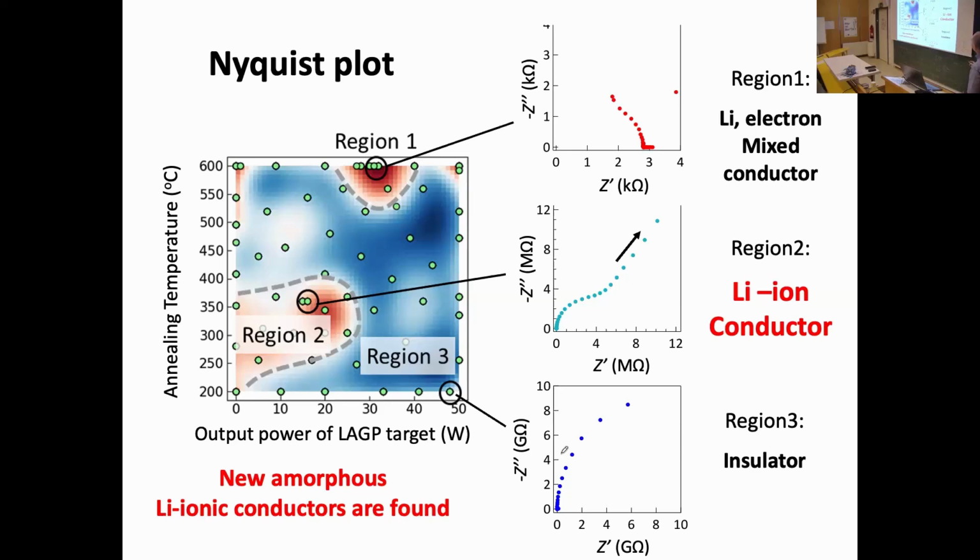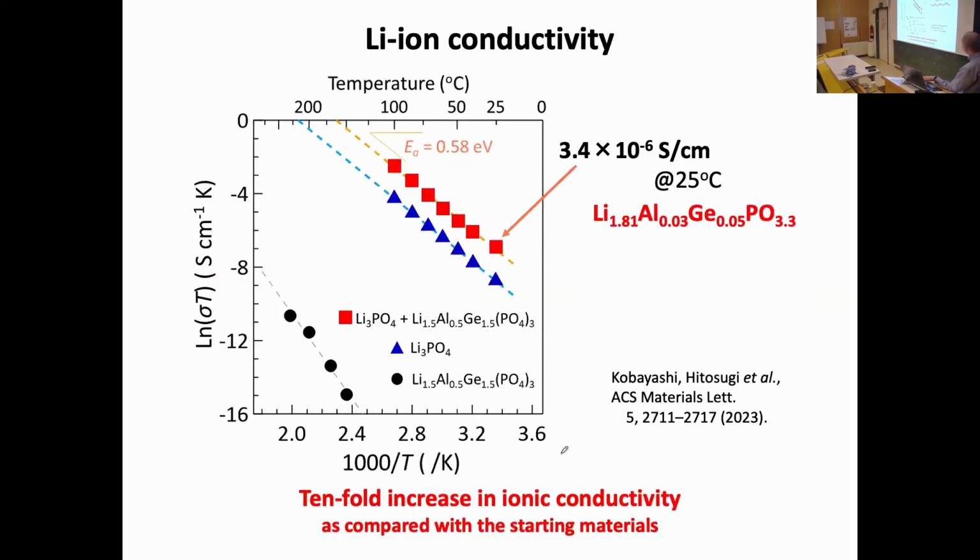And then region 1, starting with region 2, looks like an ionic conductor, and actually it is an ionic conductor. We found a new ionic conductor, but it's not the world's best, so we are now looking for the world's best one. As a scientist, what was interesting in this research is that we found something unexpected, because we are measuring many parameters.